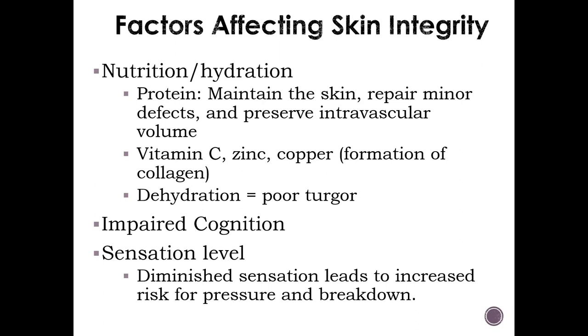They're less able to sense a hot surface and would likely suffer a burn, or they could have a cut or a wound to an area with limited sensation, and this may go unnoticed and therefore untreated. They're also unable to feel the pressure in an affected area. So again, they're not going to be changing positions to relieve that pressure, which would increase the risk of skin breakdown.